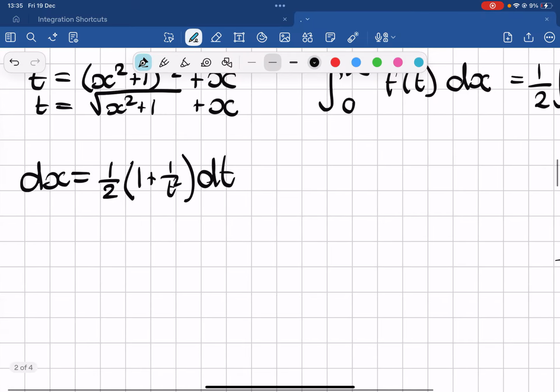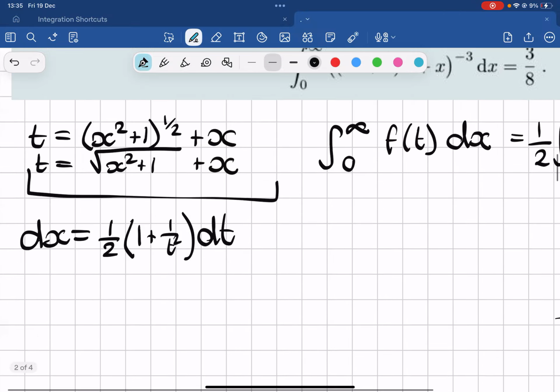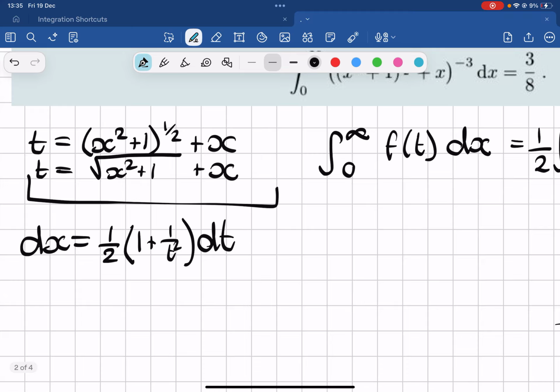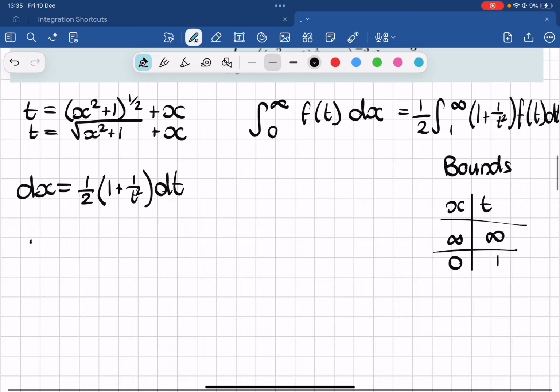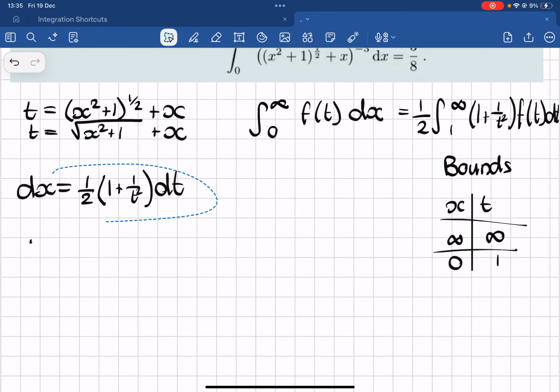So if we go back up here, we need to find a way to write dx. So let's start by rearranging for x. So let's square both sides. Actually, just crop this out for now and bring it later.